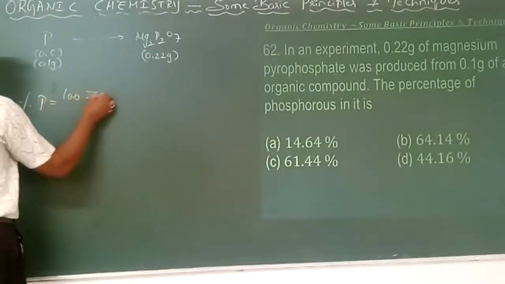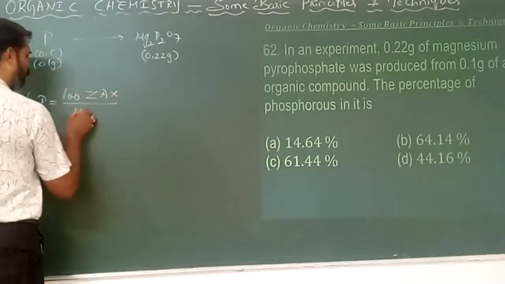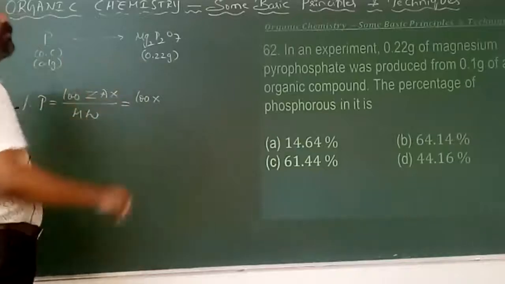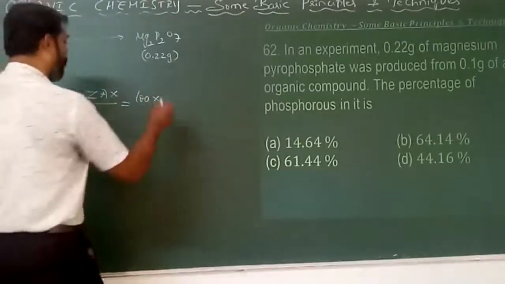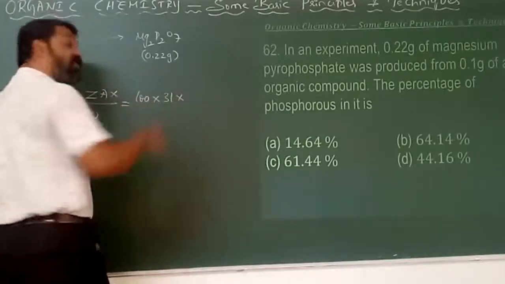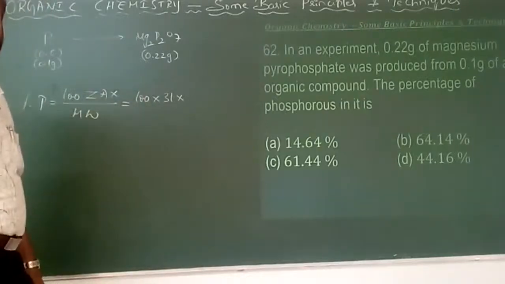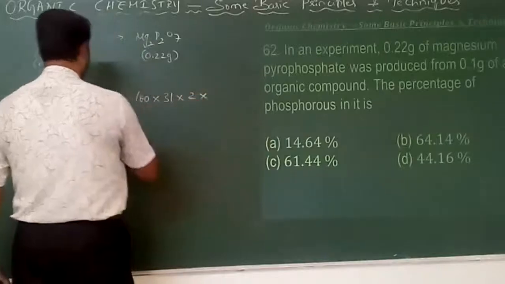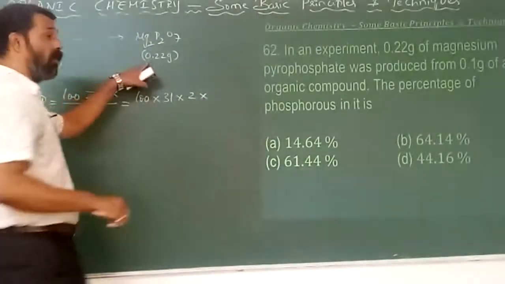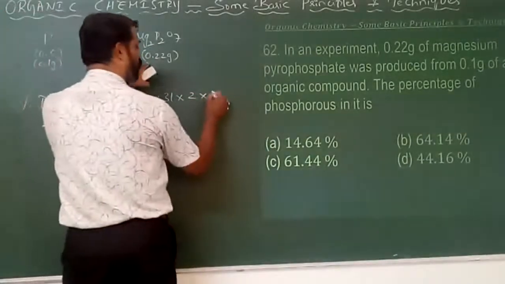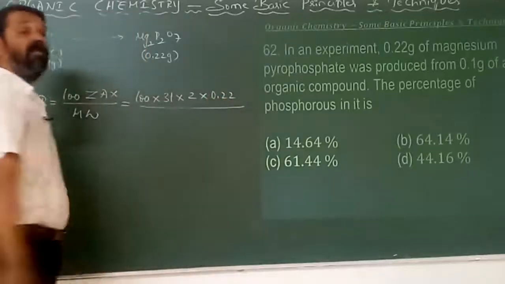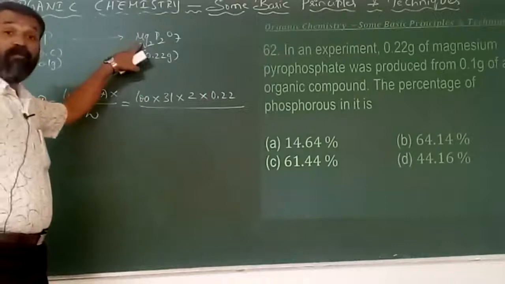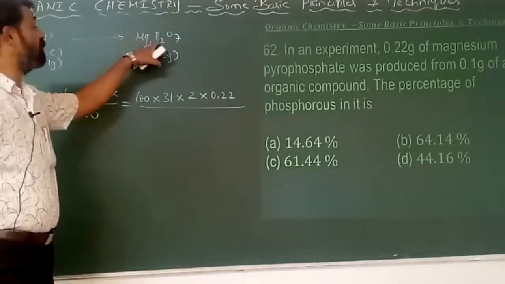100 times (atomic mass of phosphorus times mass of the elemental compound) divided by MW. Atomic mass of phosphorus is 31. The mass of the elemental compound, magnesium pyrophosphate, is 0.22, divided by the molecular mass of Mg2P2O7. This is 24, this is 31, this is 16.